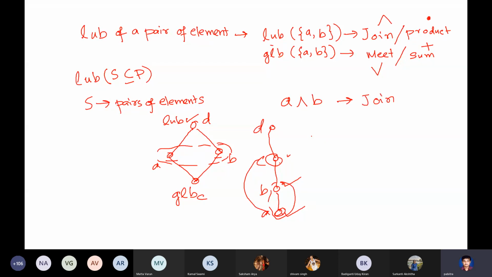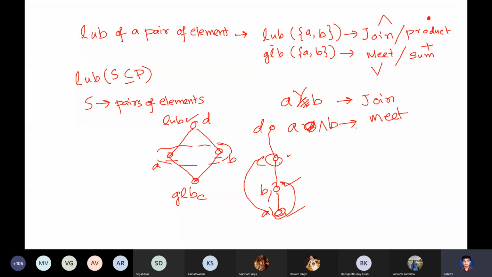Excuse me, sir, the symbols should be exchanged. Yes, correct, you are correct. In fact, there is a nice way to represent them. We'll see that. So this is the join, and this is sometimes denoted by the sum.